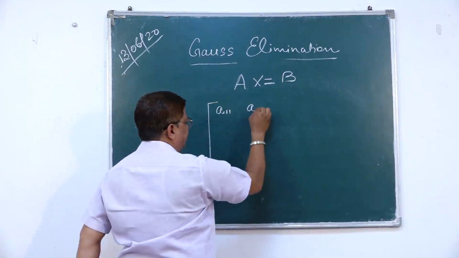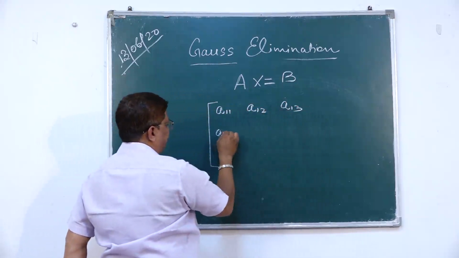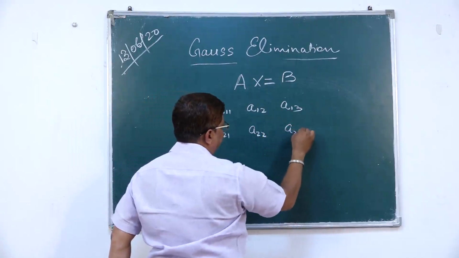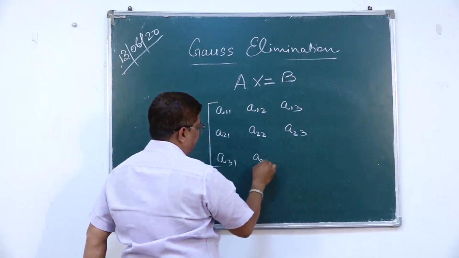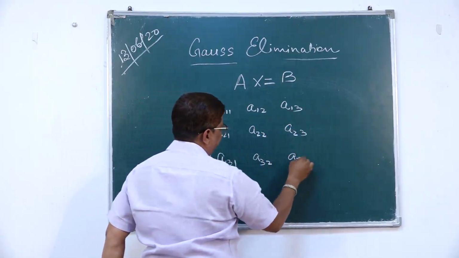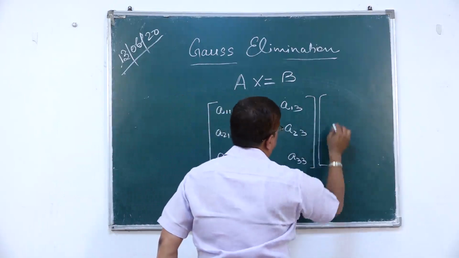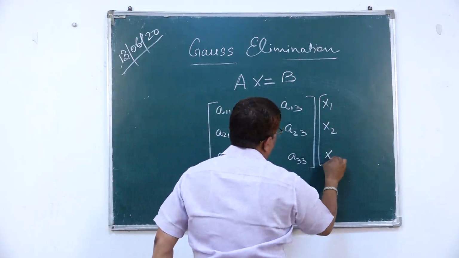A11, A12, A13, A21, A22, A23, A31, A32, A33. This is called A. Now come to the X: X1, X2, X3.